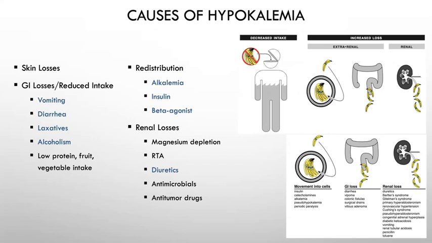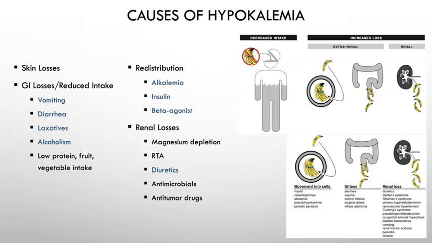Hypokalemia is mostly due to the movement of potassium into the cell, loss of potassium through the GI tract, or loss by the kidneys through excretion of potassium into the urine. We already discussed intracellular potassium shifts stimulated by insulin, catecholamines, beta-2 receptor agonists, and alkalemia.